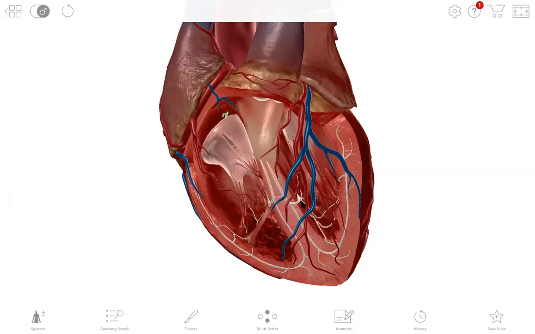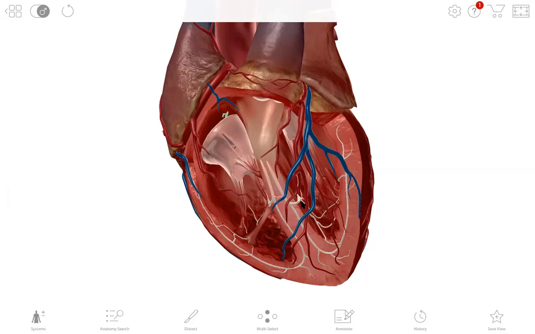At the beginning, the heart is covered by a special serous membrane, which is called the pericardium. The pericardium itself is divided into 2 layers, an outer fibrous layer and an inner serous layer. The outer fibrous layer is tough and covers the whole heart from the outside.